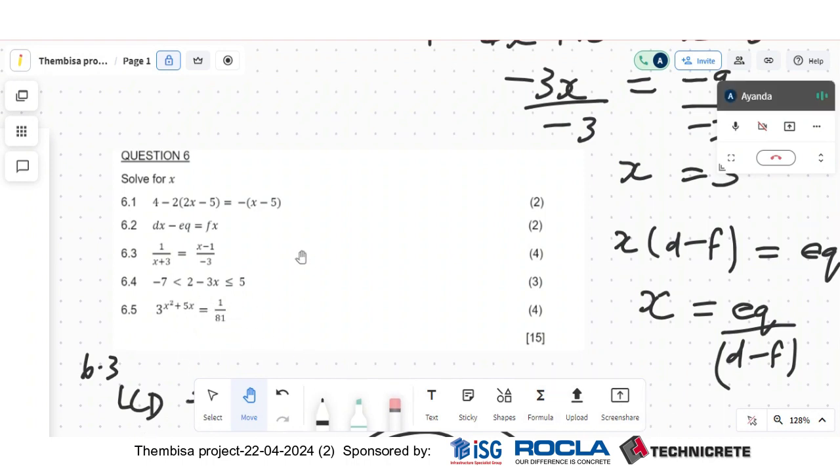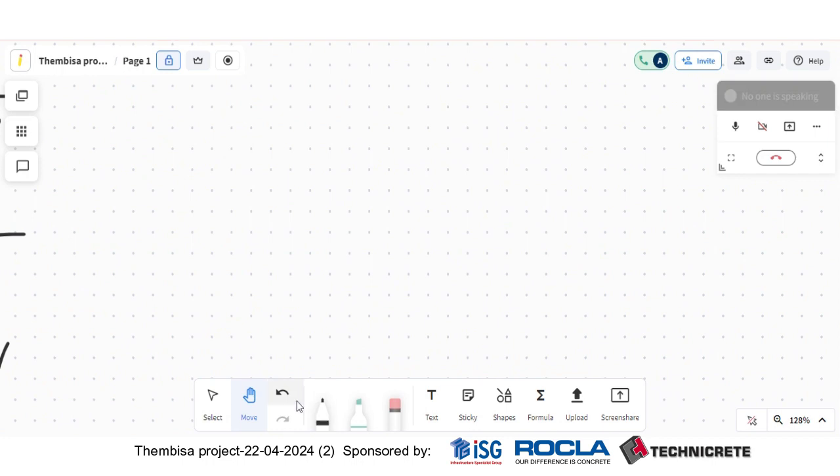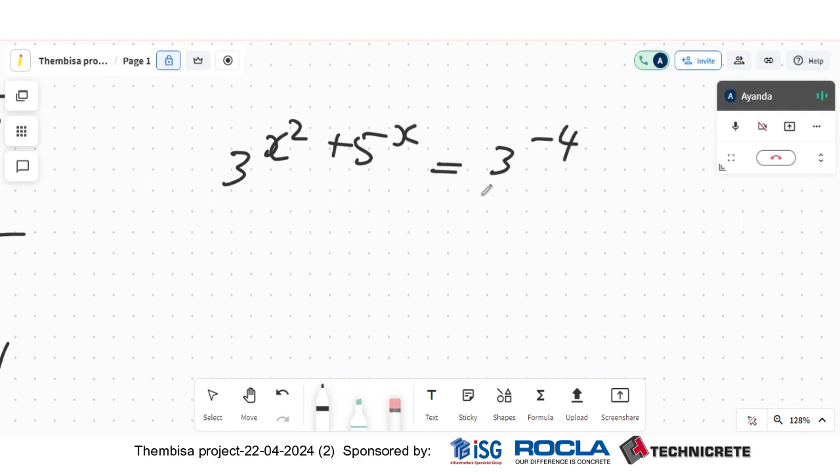Well, we can rewrite this as 3x squared plus 5x is equal to 3 to the power of negative 4. So 1 over 81 can be rewritten as 3 to the power of negative 4 because 1 over 81 is the same as 1 over 3 to the power of 4. And if we just make it a negative exponent, it's going to be negative 4.